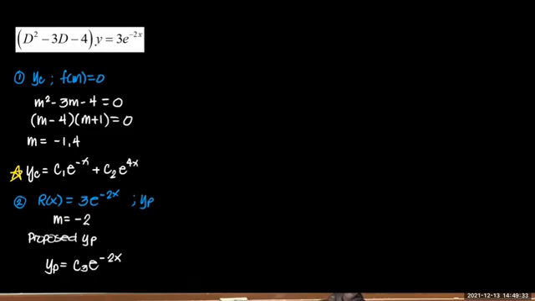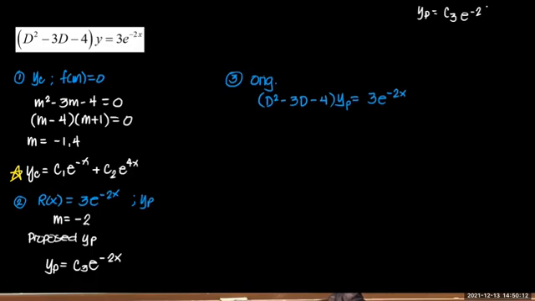Now, looking at the original problem, it is second derivative minus 3 times the first derivative minus 4y is equal to 3 e to the negative 2x. As I said, instead of just y, you will put a yp. That means we need a second derivative and a first derivative. If your yp is equal to c3 e to the negative 2x, then the y prime of p is negative 2 c3 e to the negative 2x, and the y double prime of p is 4 c3 e to the negative 2x.